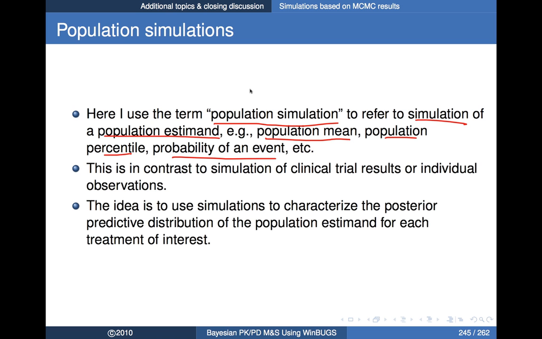So how do I use our posterior samples for our various parameters to characterize this posterior distribution for some population estimand like these? What we'll actually focus on right now will be a population mean, but the concepts we're talking about could be applied to other statistics as well.